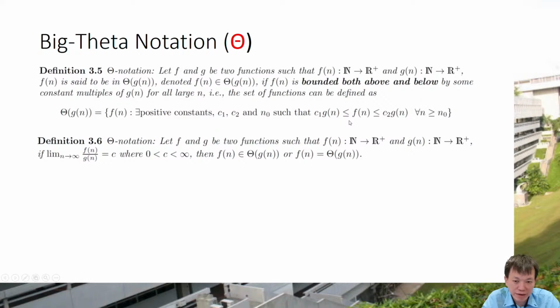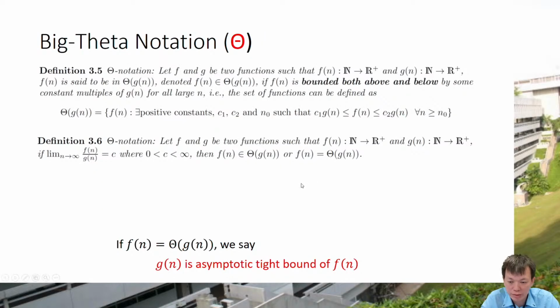If we say f(n) is in big theta of g(n), that means f(n) is also in O(g(n)) and also in big omega of g(n), because you need to fulfill two criteria: bounded above and bounded below by some constant multiple of g(n). These are the three notations you need to know. When we say that f(n) is big theta of g(n), it means g(n) is an asymptotically tight bound of f(n).